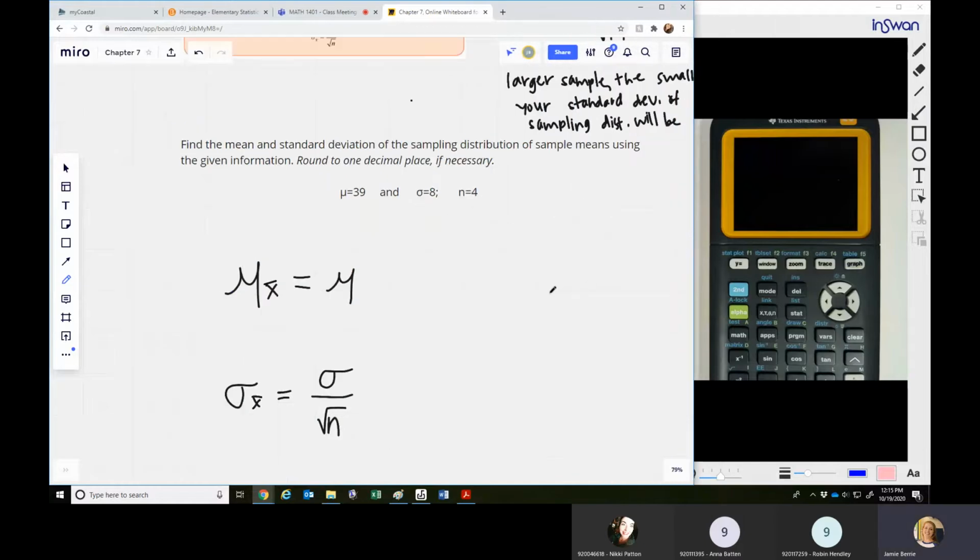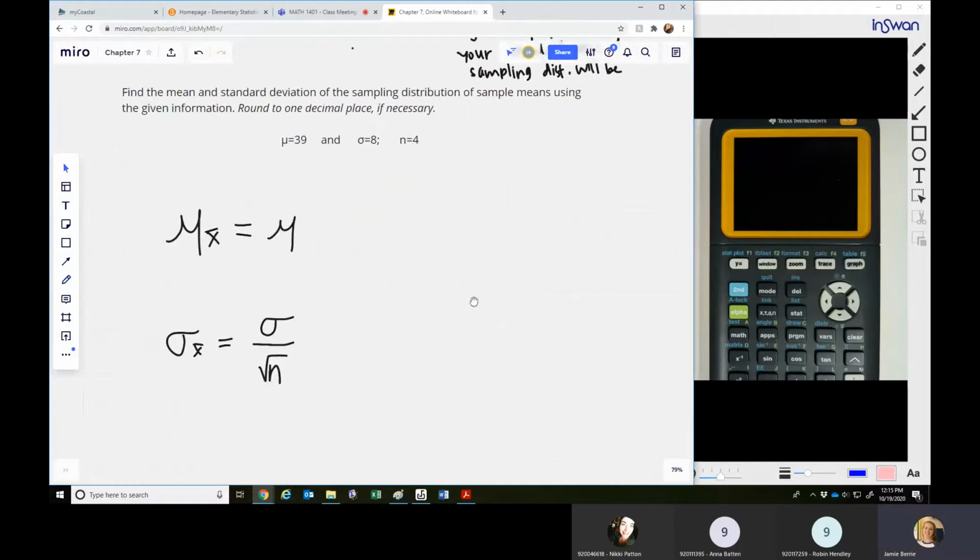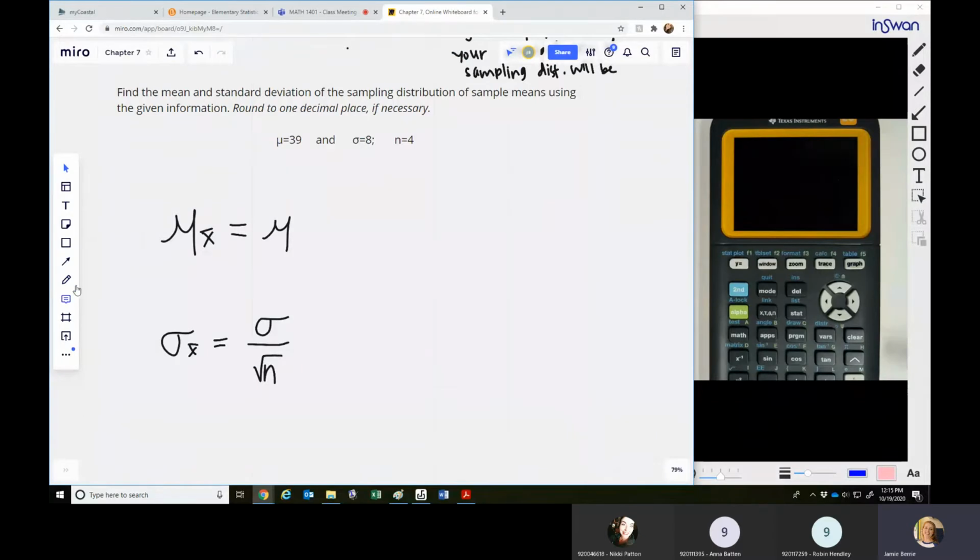All right, there we go. The first one is super easy. We don't need to do any calculating here. You just write down what the mean of the population is. It's 39. We don't need to round to 1 decimal place because this is a whole number. For this one, the standard deviation of the sampling distribution of sample means is equal to the standard deviation divided by the square root of n.